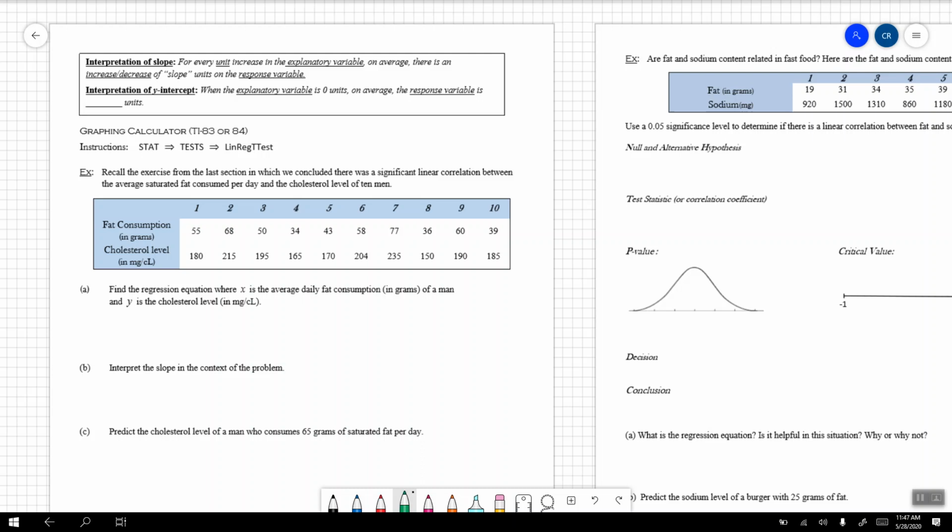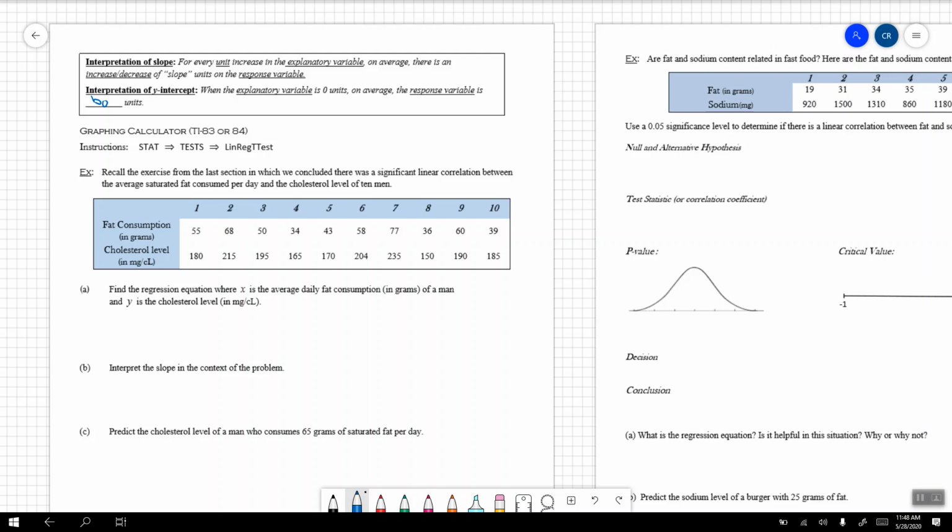And that's what we did when we were describing all of this. When the explanatory variable is 0 units, on average, the response variable is b sub 0 units. Whatever units we have are the units we're going to be looking at when we talk about the interpretation of that y-intercept.